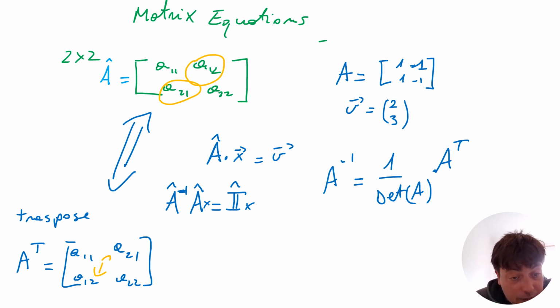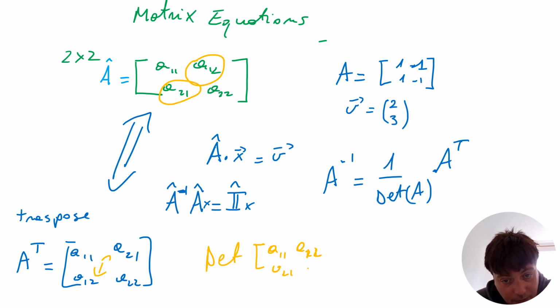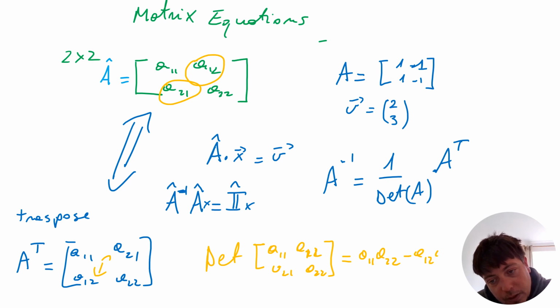While the determinant is a very important tool in mathematics and in physics as well. It has some geometrical and physical meaning. I'm not going to discuss it now. I'm just giving you the determinant of a 2 by 2 matrix, which is a number: A11 times A22 minus A12 times A21.